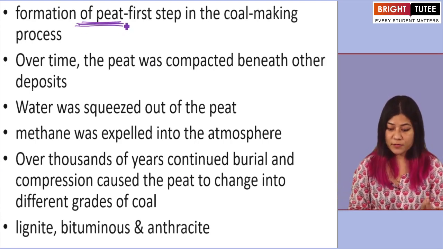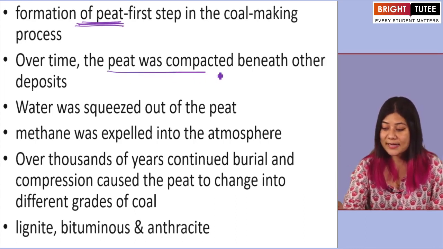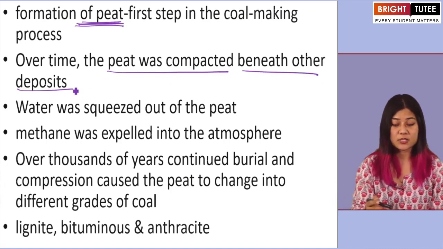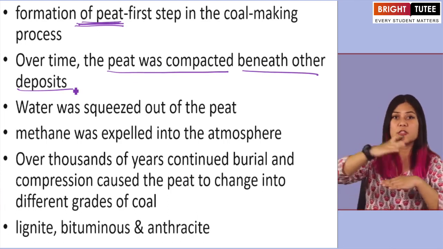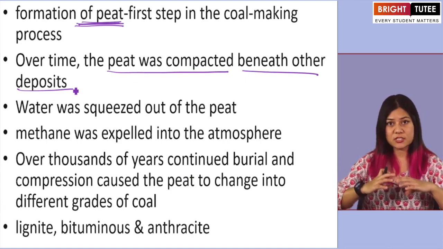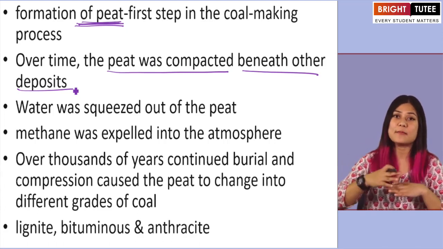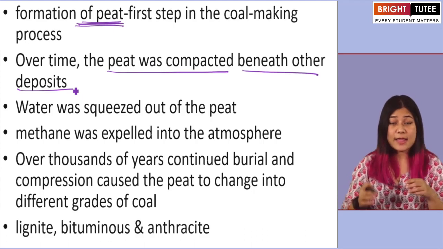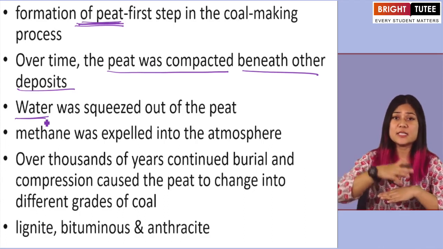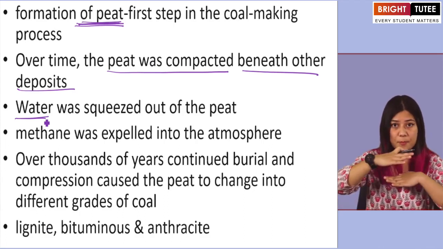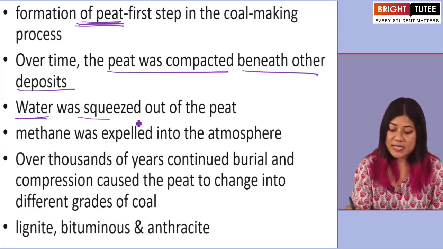Alright, now as time goes by, the peat is compacted beneath other deposits. So this peat gets compressed and compacted with other deposits over time. If there is any water in that peat, as these materials keep on depositing and getting compressed, the water gets squeezed out.